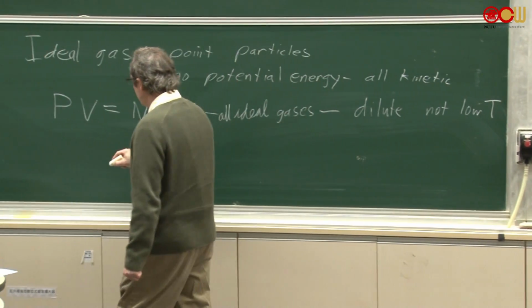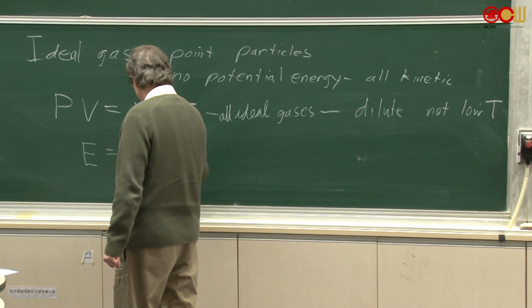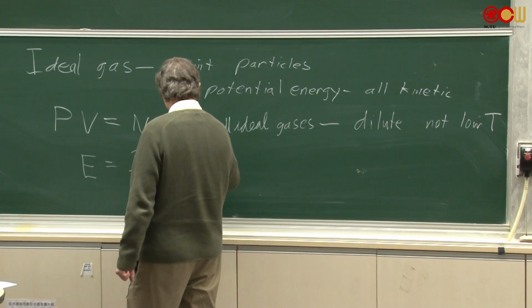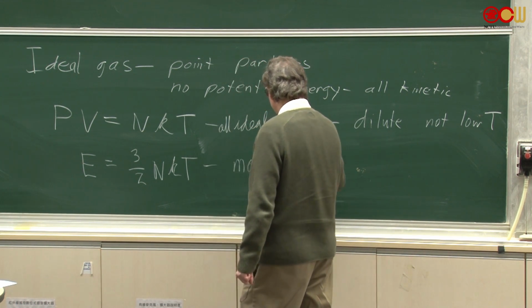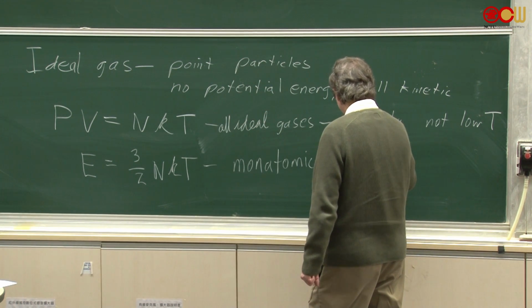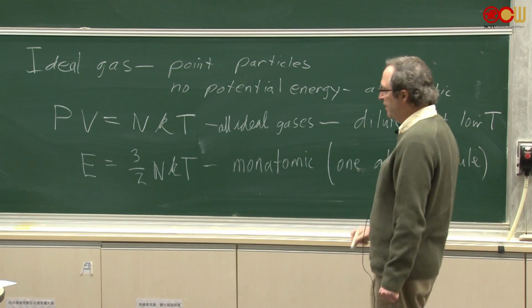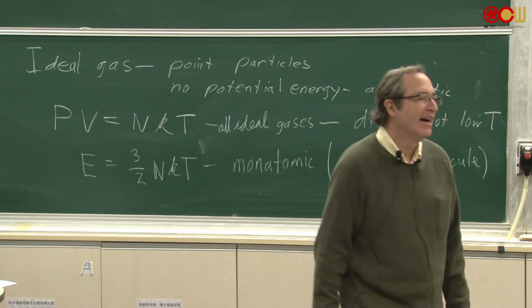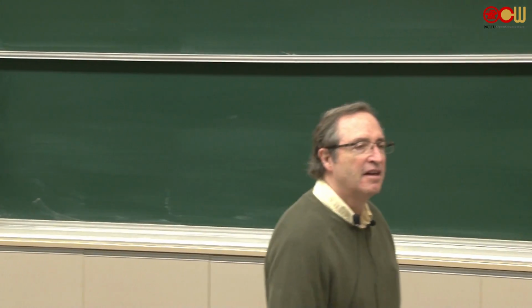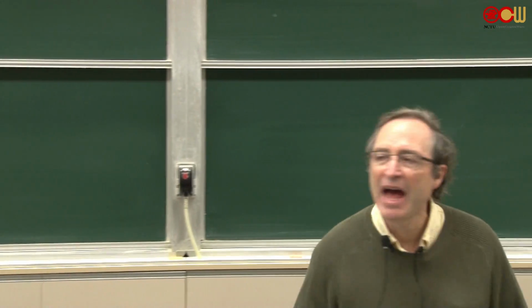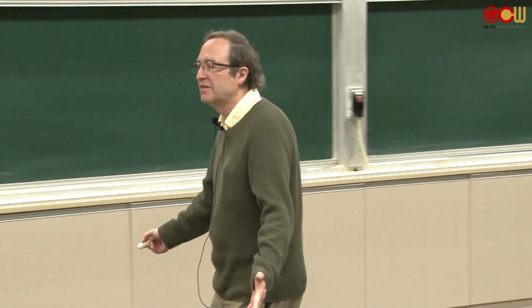We also have this other result that we got from kinetic theory. And this is valid for a monatomic gas. That means one-atom molecules. All right? For example, helium does not bond to itself. So if you had a gas of helium atoms, that would be monatomic. Argon, another example.